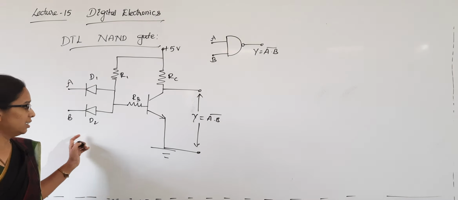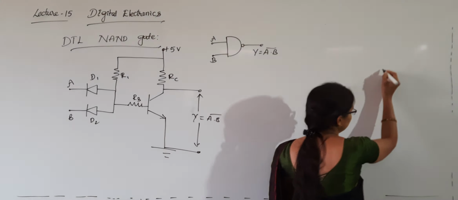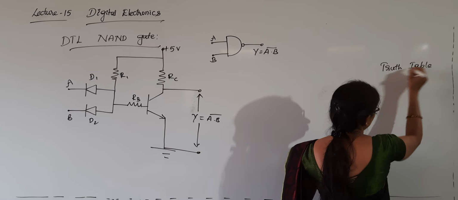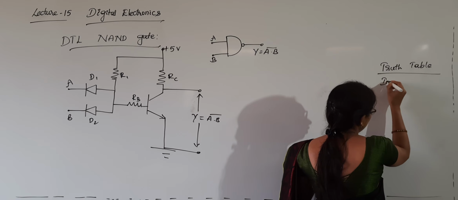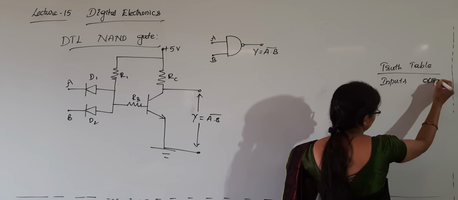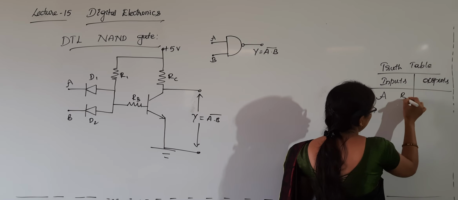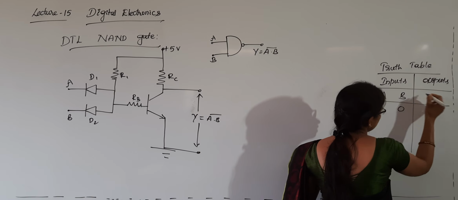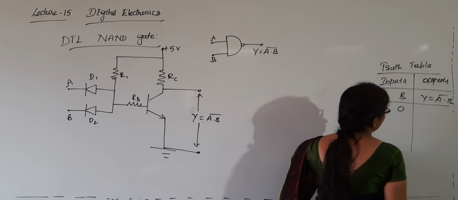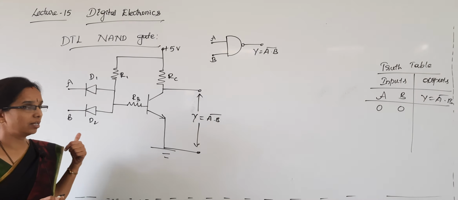And the truth table of NAND gate, with inputs A and B and output Y. If 0 0 is the input, Y is equal to (A dot B) complement. We already know the truth table, we just verify that using the circuit analysis.